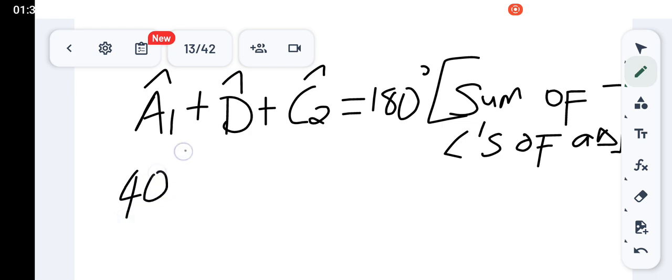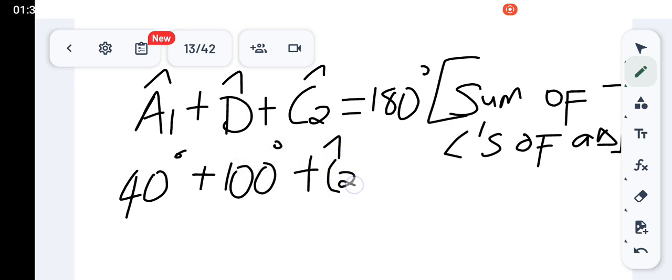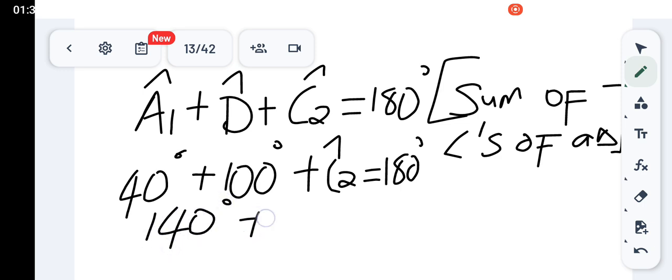A1 is 40 degrees, right? And then angle D is 100 degrees, plus angle C2, this will all be equal to 180 degrees. Yes, 40 degrees plus 100 degrees, that is 140 degrees, plus C2 is equal to 180 degrees.